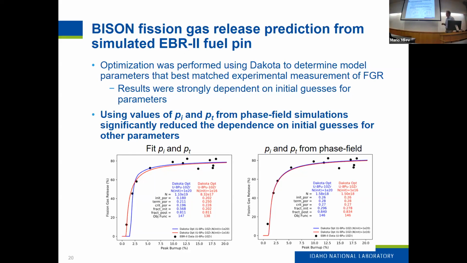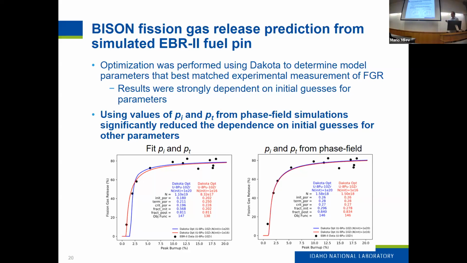And one of the things he found was that the values he got were very sensitive to the initial guesses that he gave for those parameters. So if you start out with two different numbers for the initial bubble number density, he ended up getting very different results from the Dakota optimization, and also for the initiating porosity and terminating porosity. He got very different results from those.